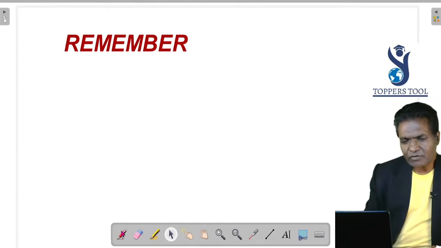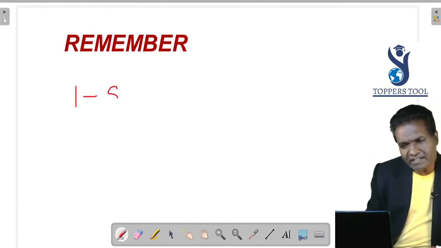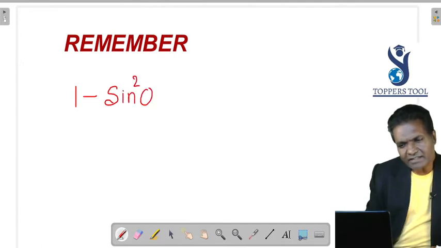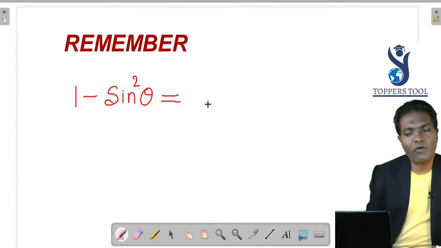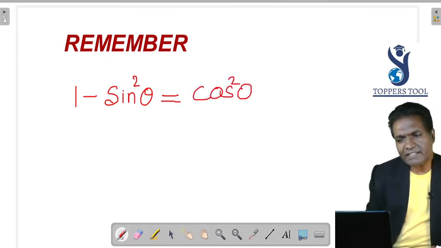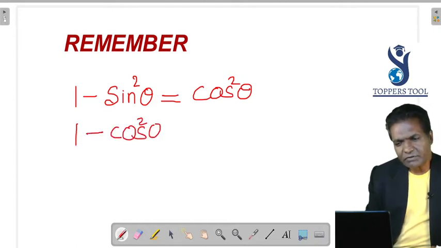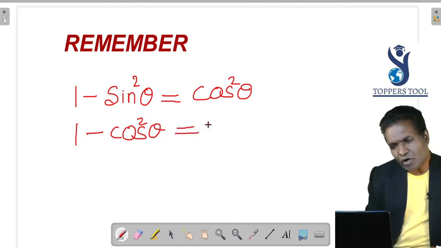Let me write, you must know this: 1 minus sine square theta is cos square theta. Similarly, 1 minus cos square theta is sine square theta. Make note of this.